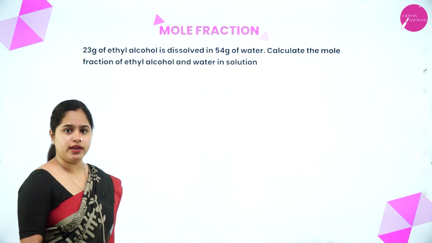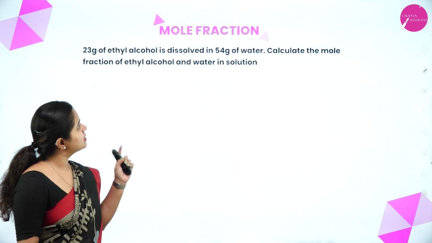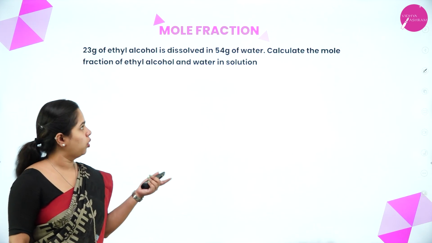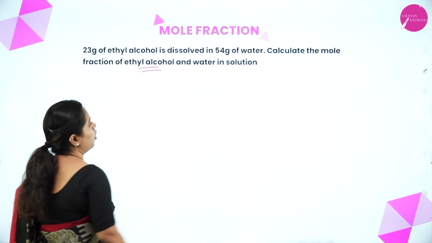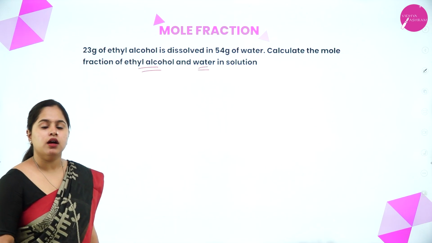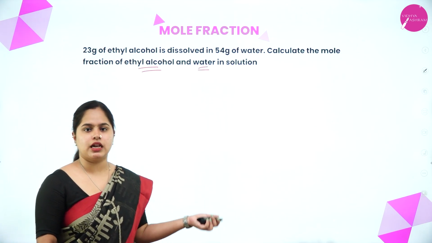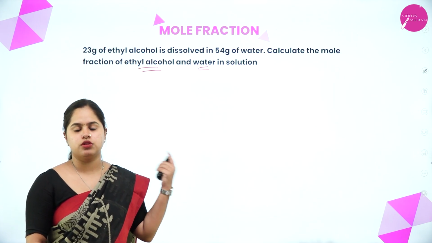Now let's do an example for this. 23 gram of ethyl alcohol is dissolved in 54 gram of water. You have to calculate the mole fraction of ethyl alcohol and water in solution. So from where do you begin this numerical?